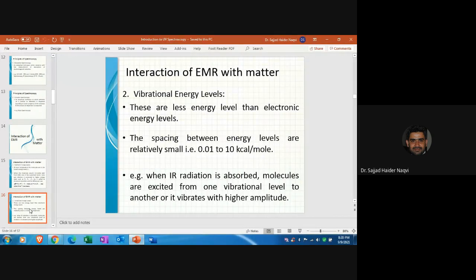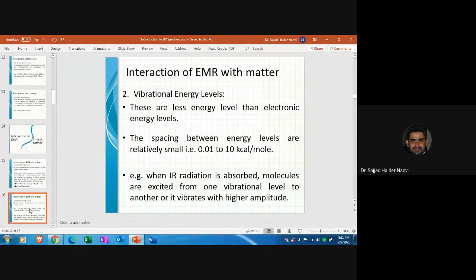Now, let me clarify what is the difference. In the first case, the electromagnetic radiation we were talking about was the visible, and it has enormous energy in it. So when it passes through the sample, we saw the change in the electronic transition. While in this case, we have IR radiations having the energy to change the vibrational level, or you can say it increases the vibration to a higher amplitude, like it increases the height of the vibration.